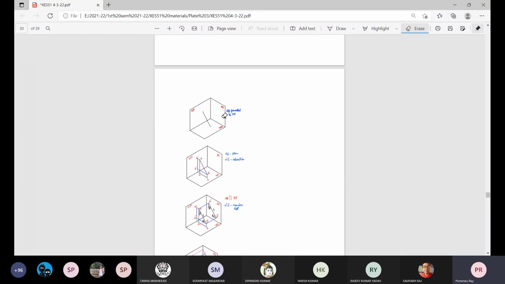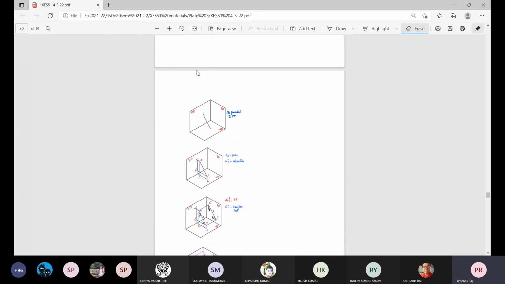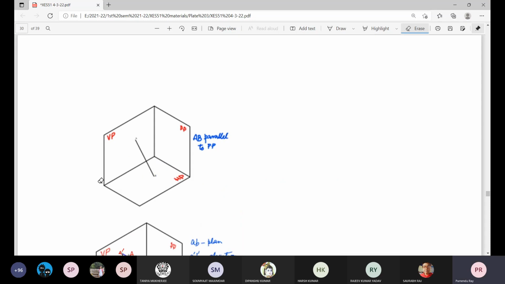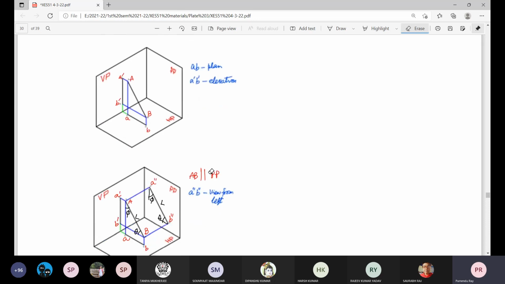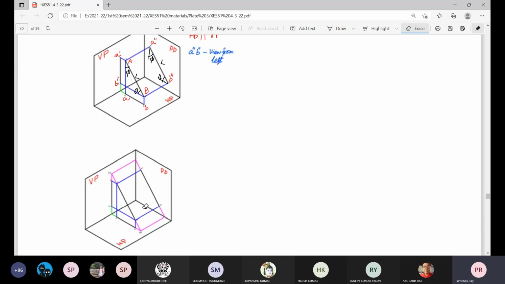This is the special configuration for a line parallel to the profile plane. The elevation and plan are both perpendicular to GL. So in the formal way you cannot find the HT and VT. You can do it, but through some clumsy process; this one is very distinct and straightforward.